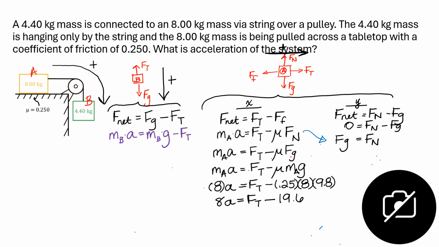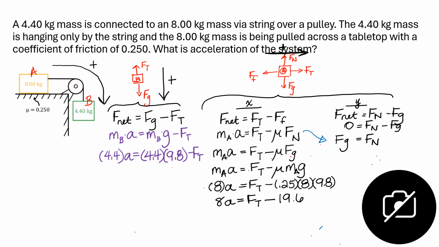You might be a little more comfortable if you rearrange this a little bit and put Ft on the left side. Also, let's get some numbers happening, but let's put the numbers in first and see if we can't see something. So the mass of B is 4.4 times the acceleration equals 4.4 times 9.8 minus Ft.